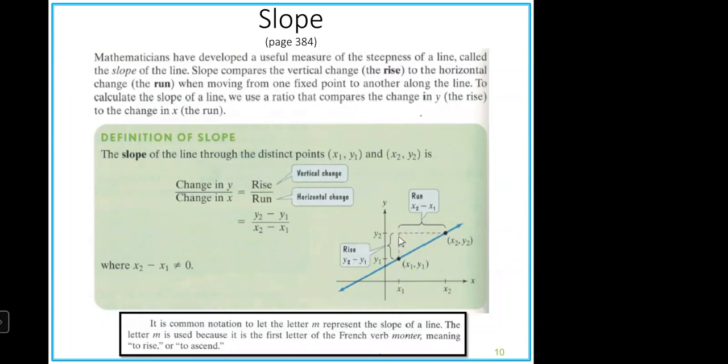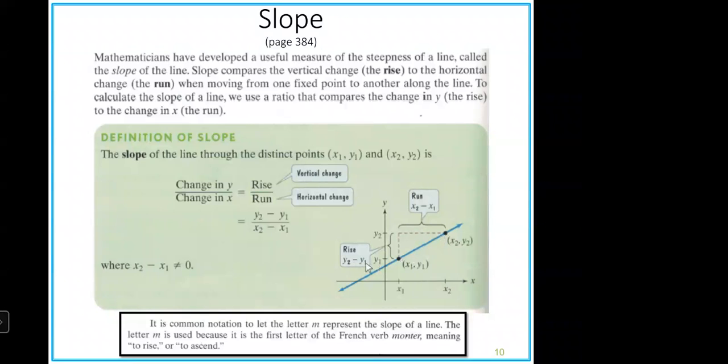So the rise is actually showing you that change in your Y values. So your Y value on the Y axis was at this point. You move up a certain number of points. And then on the X axis, you started here and you move across to this location to get to the second point. So you started at a point on your Y, you move up, then you move across from the X to the second point.